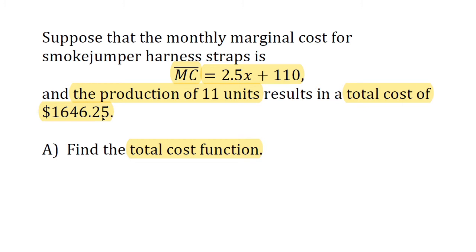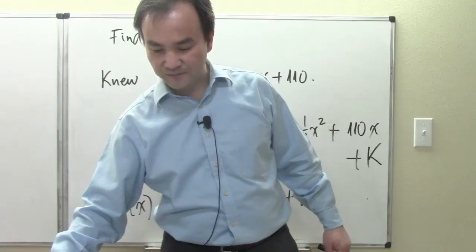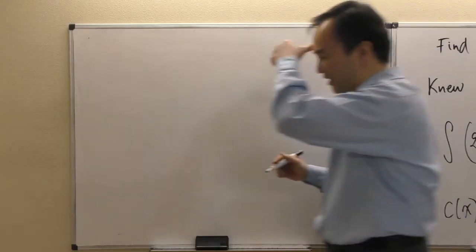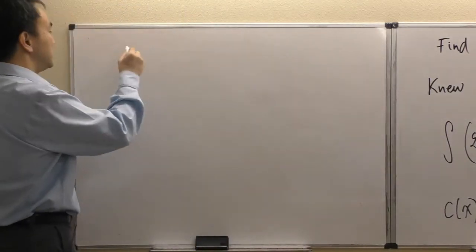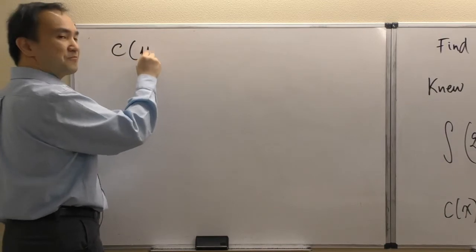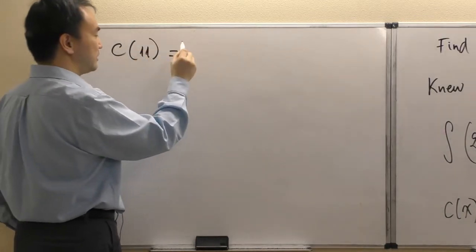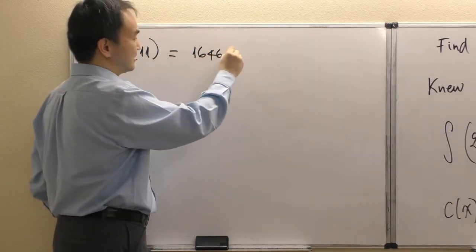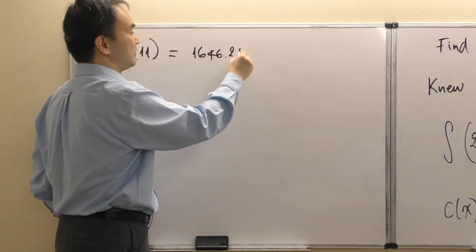$1,646.25. Okay, and so this information that I just highlighted means that, and maybe I'm a little bit out of space, so let me write on the other board here. It means that when x equals 11, C of 11 really equals 1646.25.